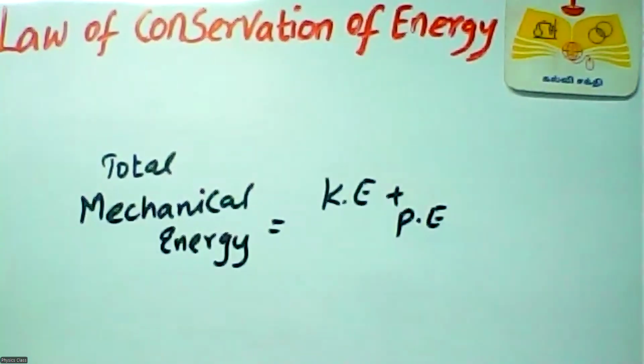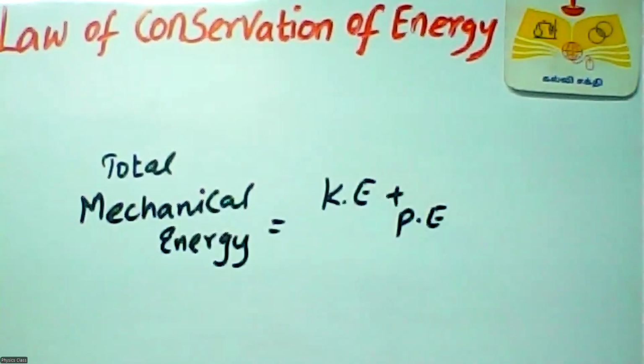And you may think that only these two types of energy exist in the universe. Not so. There are other types of energy, maybe thermal energy, nuclear energy, chemical energy, but kinetic and potential energy are not the only forms.